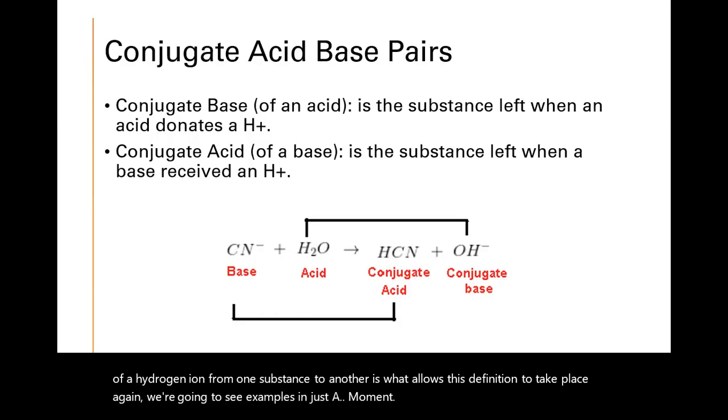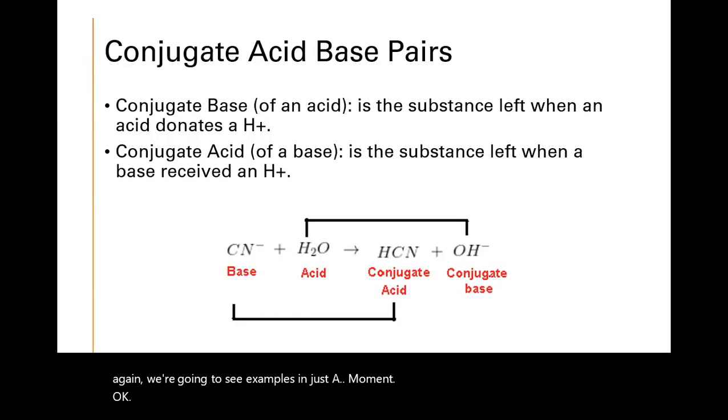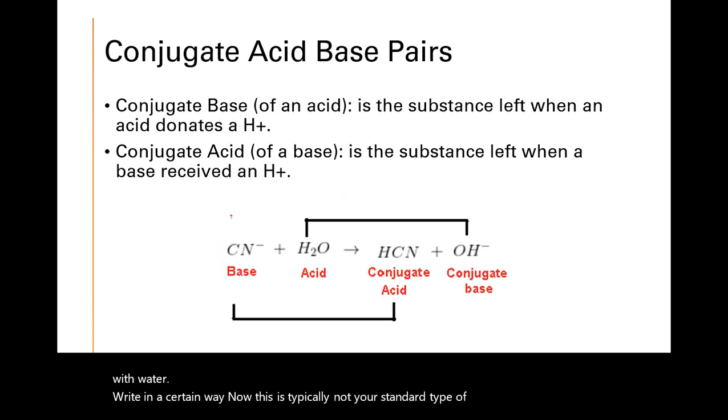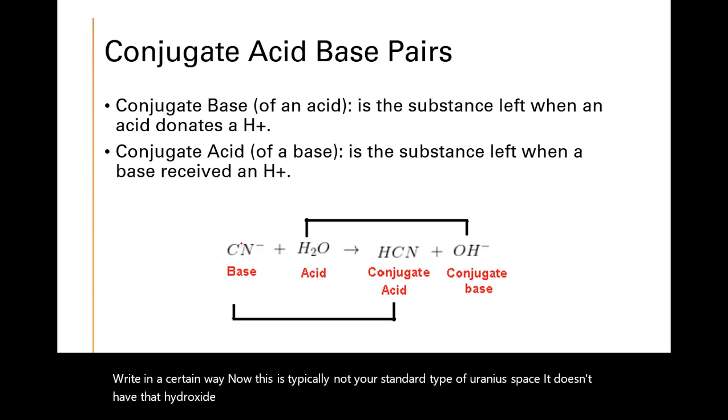Okay, so here we are. This CN, remember your polyatomics, is cyanide. This cyanide ion can react with water in a certain way. Now, this is typically not your standard type of Arrhenius base. It doesn't have that hydroxide ion. Yet, look at this base here.